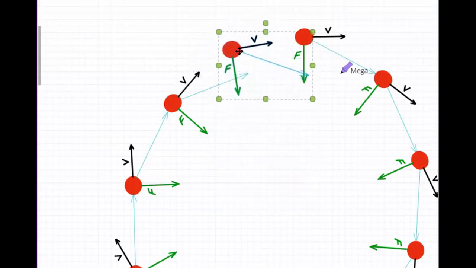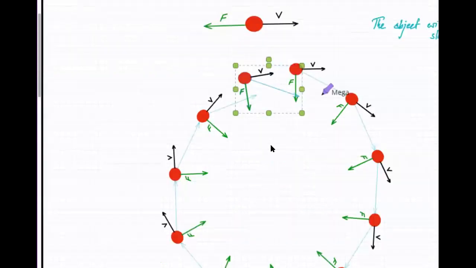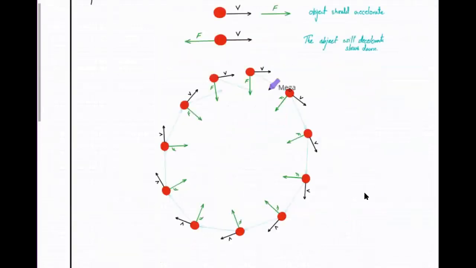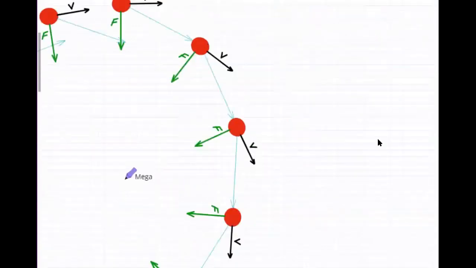Answer is it should have a force which is acting perpendicular to the direction of velocity. Okay, and this is the topic of the day. Force to make something move in a circular path.